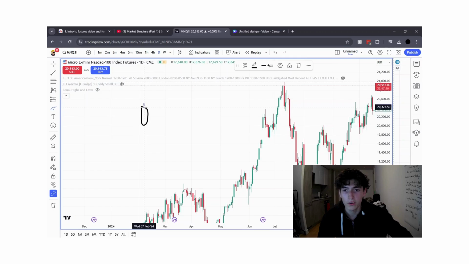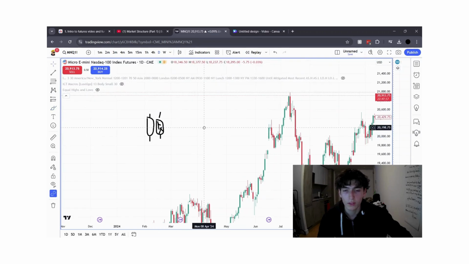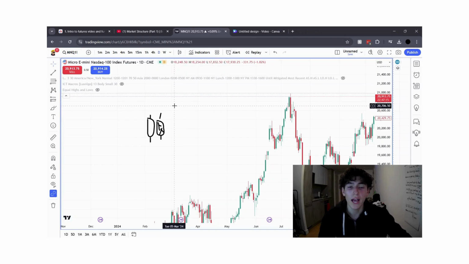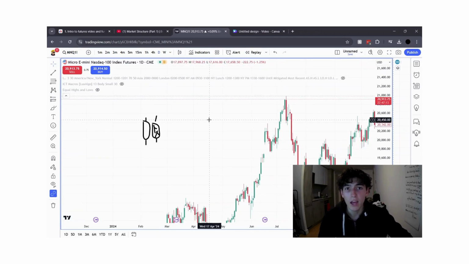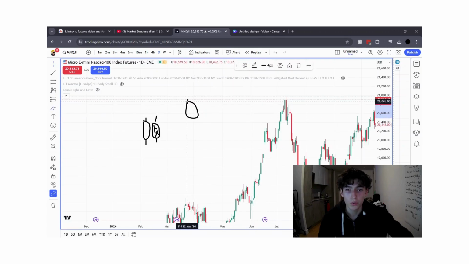All right, let's say this is a green candle, followed by a red candle. I'm gonna fill in the red candle. Now this is the only way a high can be formed. A high cannot be formed with two green candles next to each other.